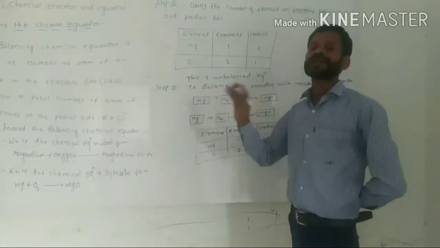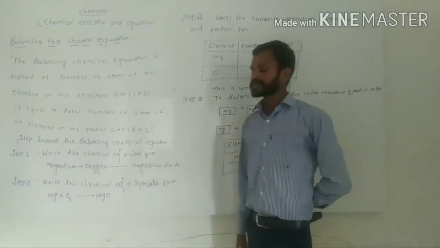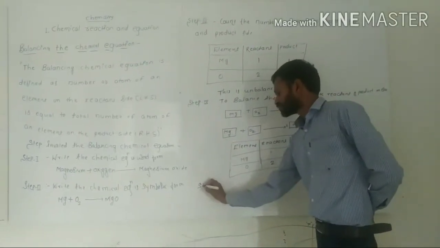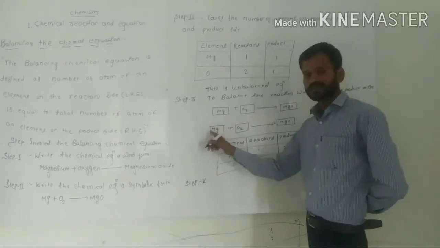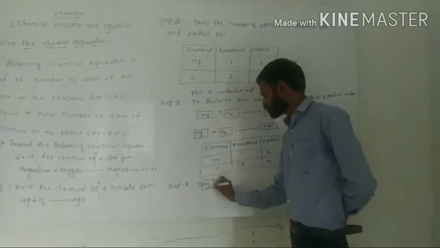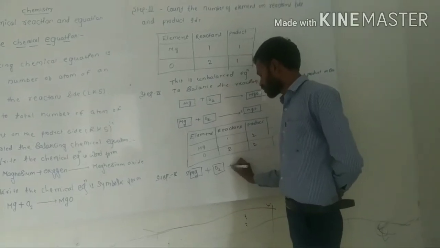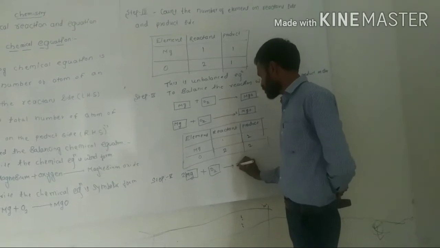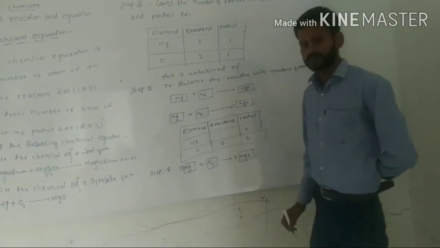We will again balance this magnesium atom, and to balance, again multiply by 2. Multiply magnesium by 2, it becomes twice Mg plus O2 gives rise to twice MgO. So check whether it is balanced or not.